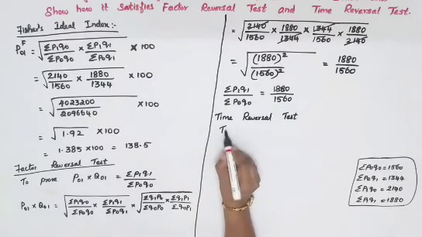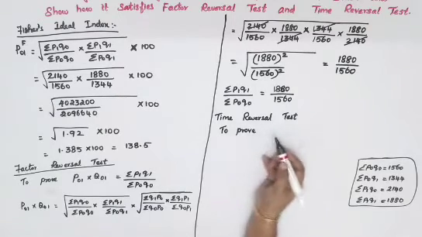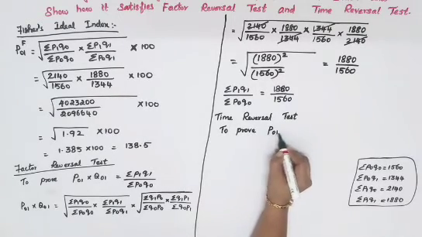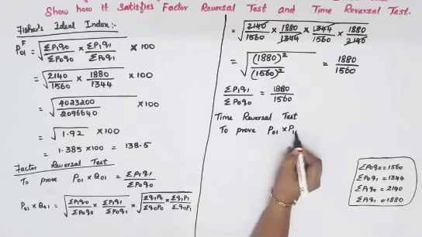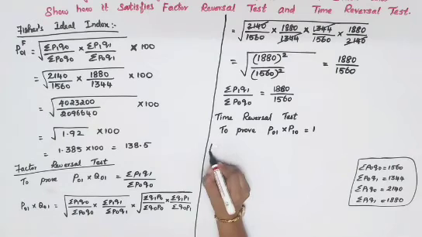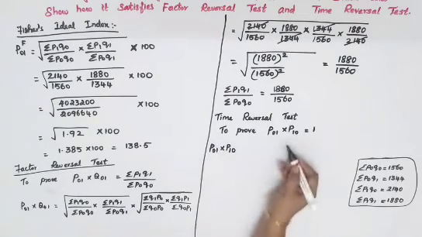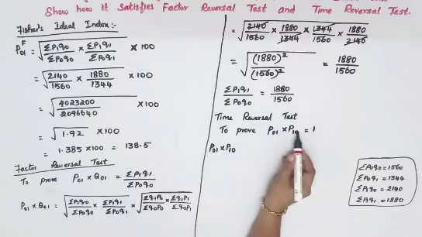Your formula is to prove. So for the time reversal test, we'll have to prove that P01 into P10 is equal to 1. You can see the changes here, 0, 1 and here 1, 0.